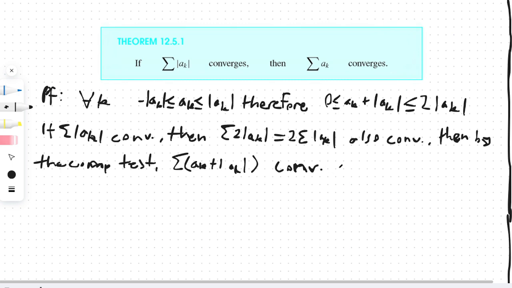Okay, so that's useful. This whole thing here is going to be convergent.